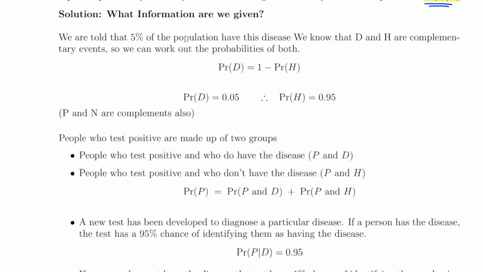What pieces of information are we given? We're told that 5% of the population has the disease, and we know that D and H are complementary events. So that means that the probability of D is 0.05, and the probability of H, that they don't have the disease, is 0.95.